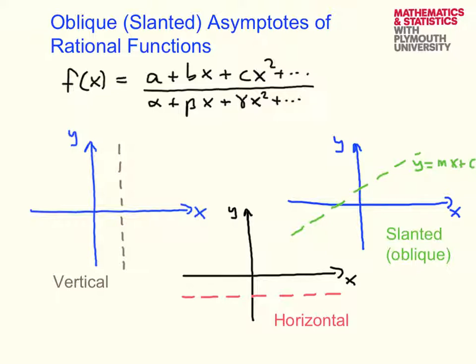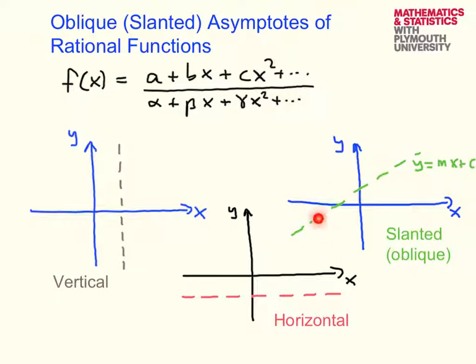And a slanted or oblique asymptote is a straight line drawn here, where again the function approaches it for large values of x, and again it can approach from above or below, depending upon the nature of the rational function and the values of the coefficients, etc. So in this video I'm not going to talk about this, but I'm going to talk briefly about this, and then we're going to go on and look at the slanted or oblique asymptotes.